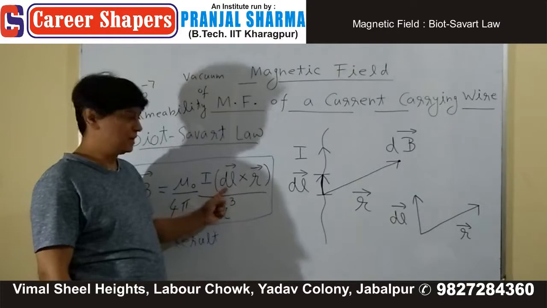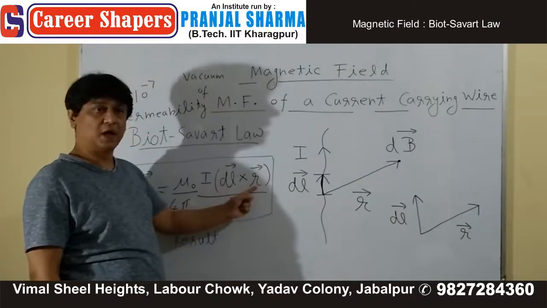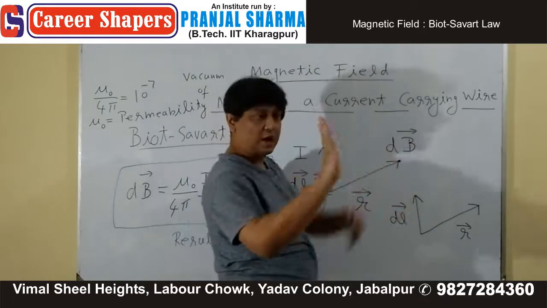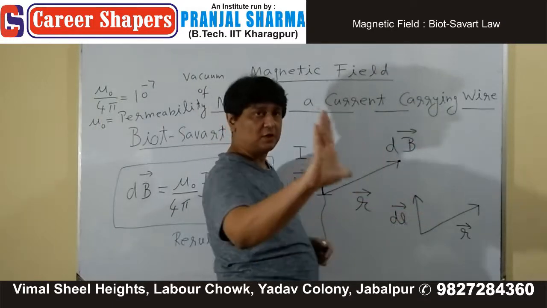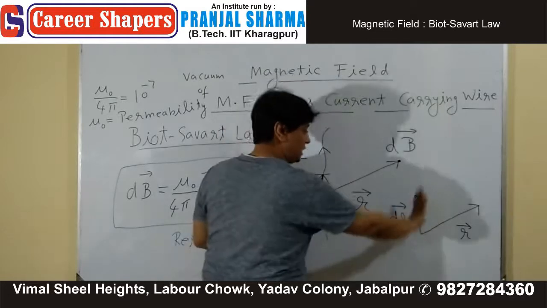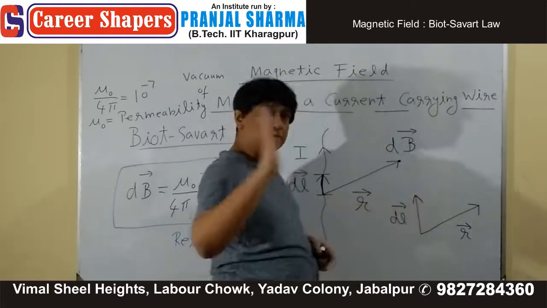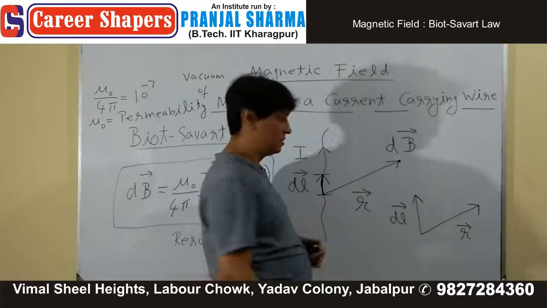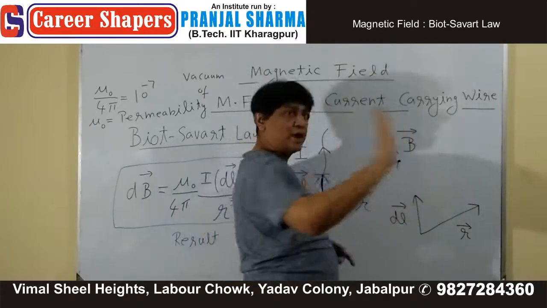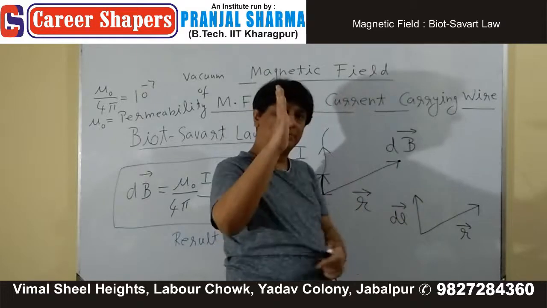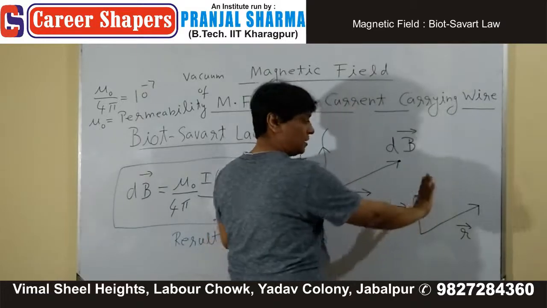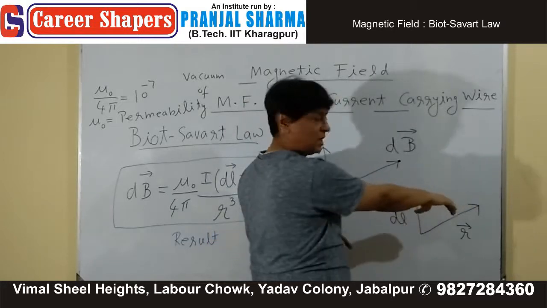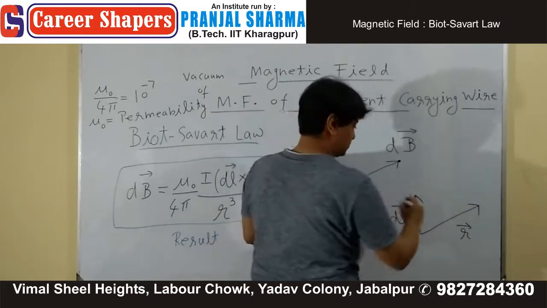First it's dl, second it is r. Take your right hand, and your fingers should be aligned with the dl vector. This is something you will need a lot in magnetic field, remember. Align your fingers or your palm with dl and then curl these fingers towards r like this.